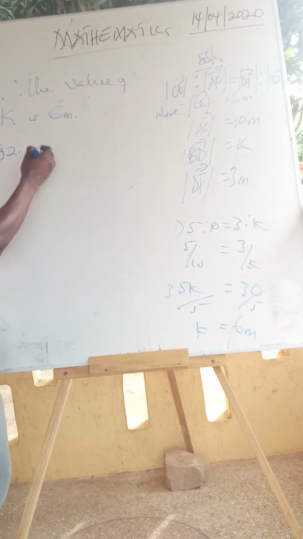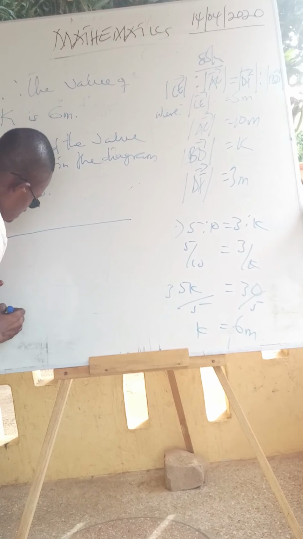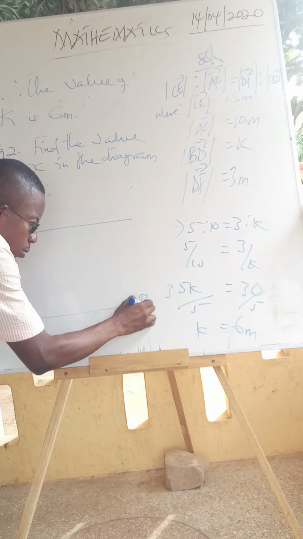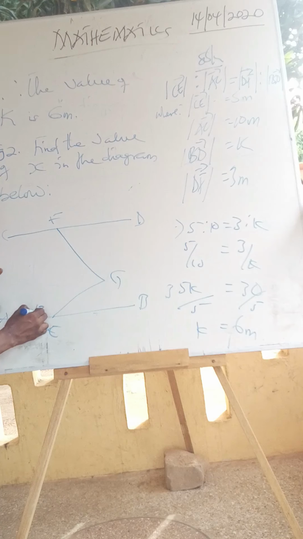find the value of x in the diagram below. So I have a diagram this way. A, B, C, D. E, F, G. Maybe here I have 130 degrees.